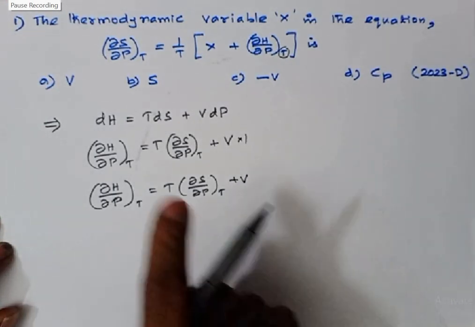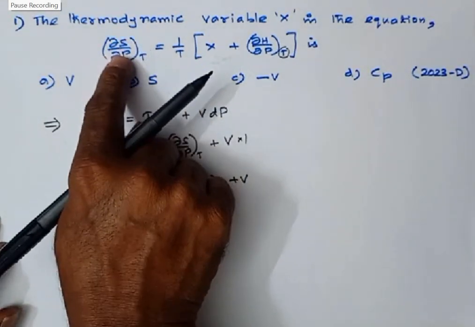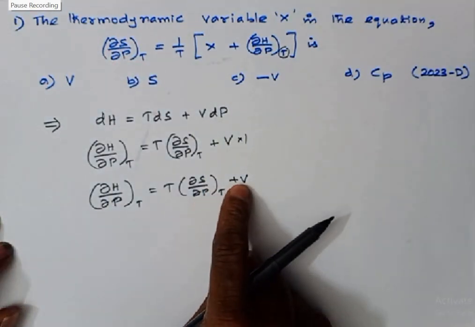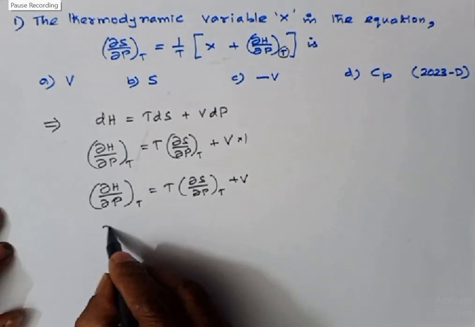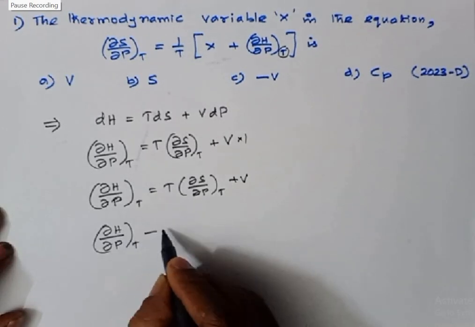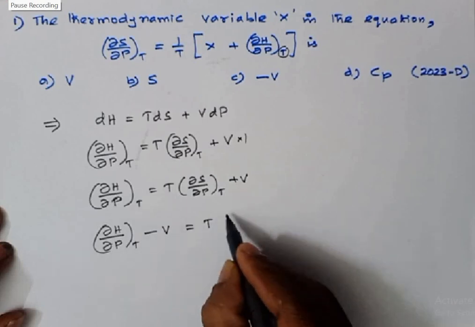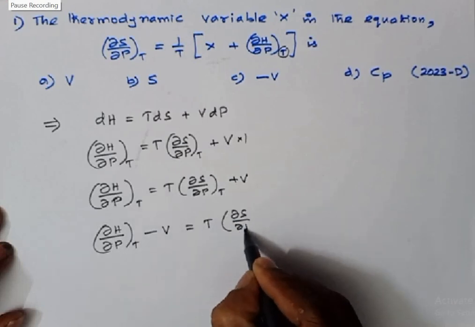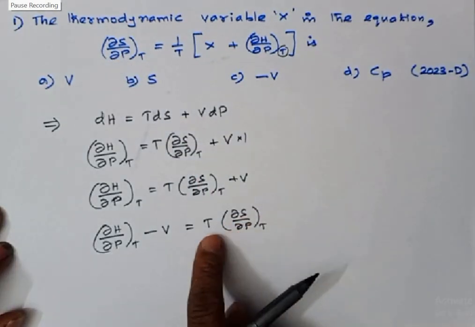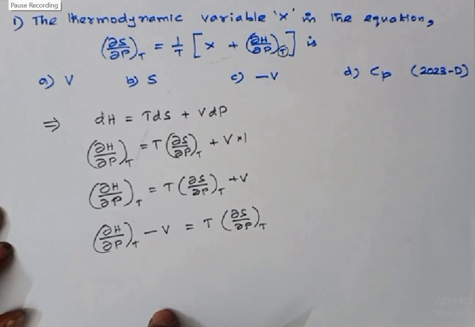Now we need to keep (∂S/∂P) on the left hand side. So I will bring the plus volume term to the left hand side. We get (∂H/∂P) at constant temperature minus volume equals T into (∂S/∂P) at constant temperature.